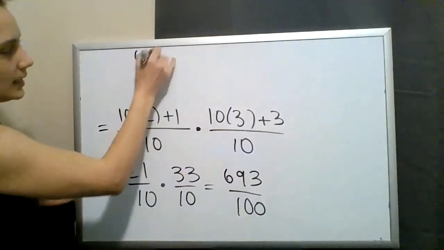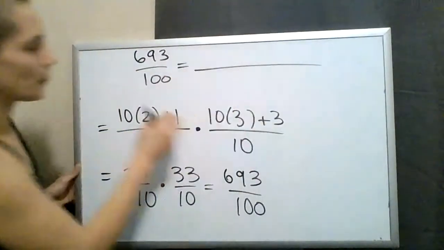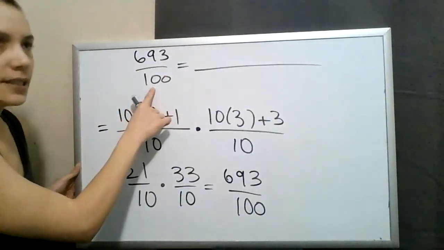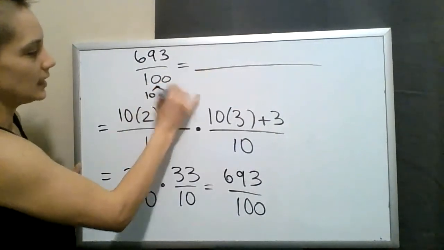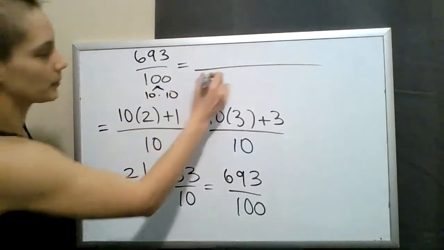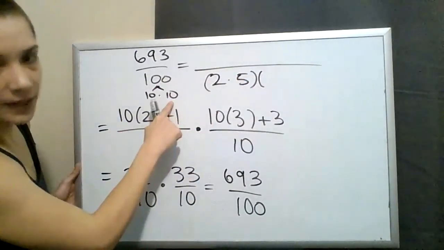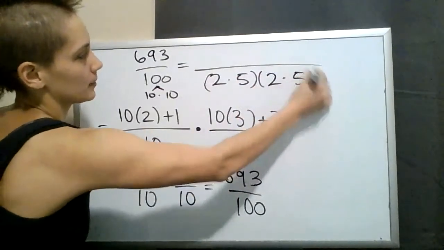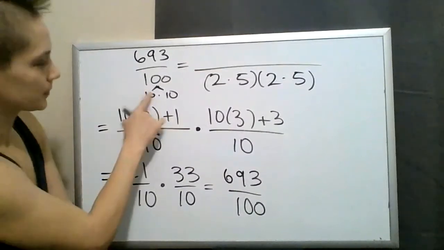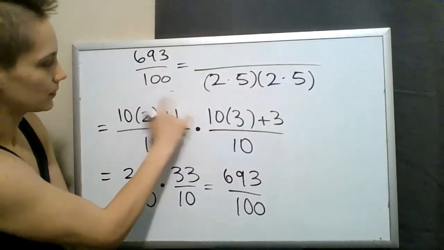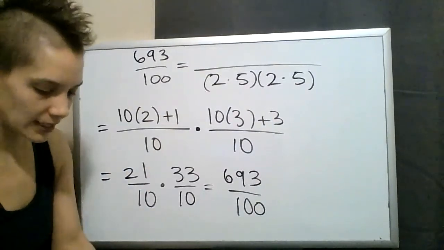So we'll take 693 over 100 and start to break apart. 100 is, do 10 times 10, and this 10 is 2 times 5. Another 2 times 5. All right, that's 100 fully factored. Starting to factor 693, it's divisible by 3.